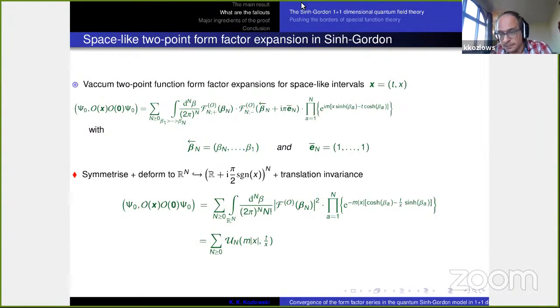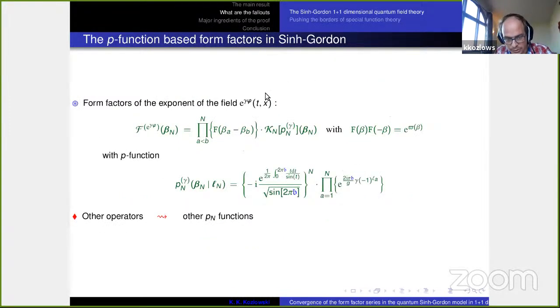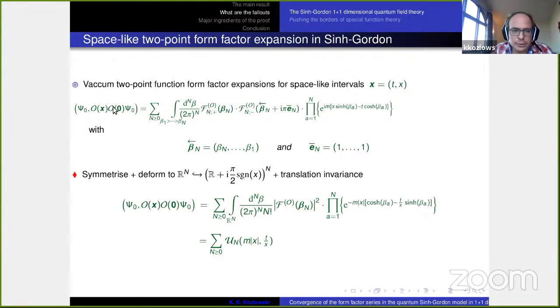And in particular, if you go to the space-like regime, so if you compute the vacuum expectation value of a product of two operators, for which you can compute the form factors in such a form, maybe with some different P_n function, and if you suppose that the operators are self-adjoint, then what you do basically is, you first map the vacuum with the first operator to some n-particle space, and then you take the n-particle space with the other operator and you project it on the zero-particle space, and you look at the contribution to this.